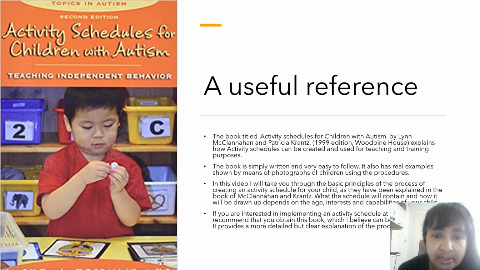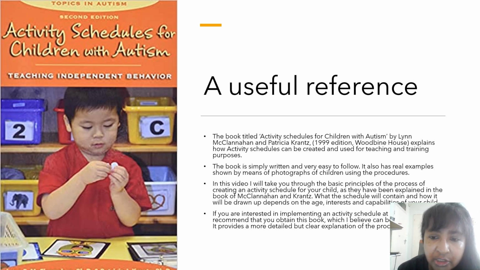This book is simply written and it's easy to follow, and it also provides real examples and photographs of children using their procedures. So in this video, I will take you through the basic principles of the process of creating an activity schedule for your child, as they have been explained largely in this book.